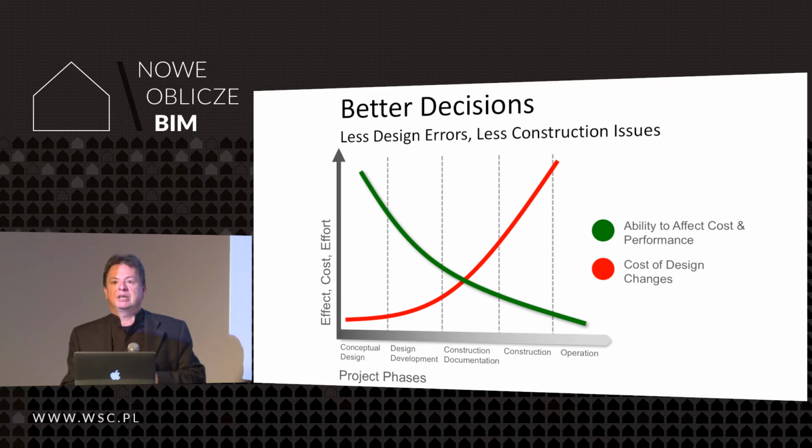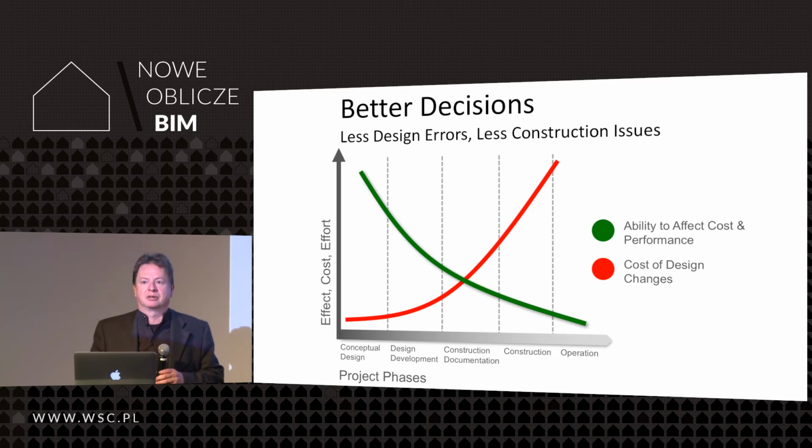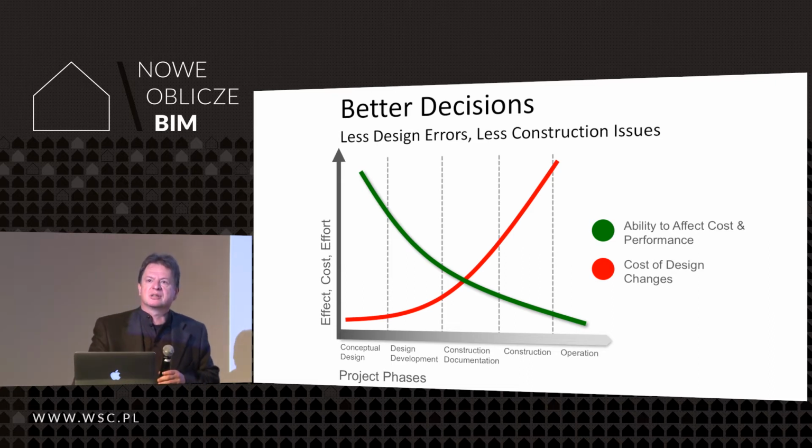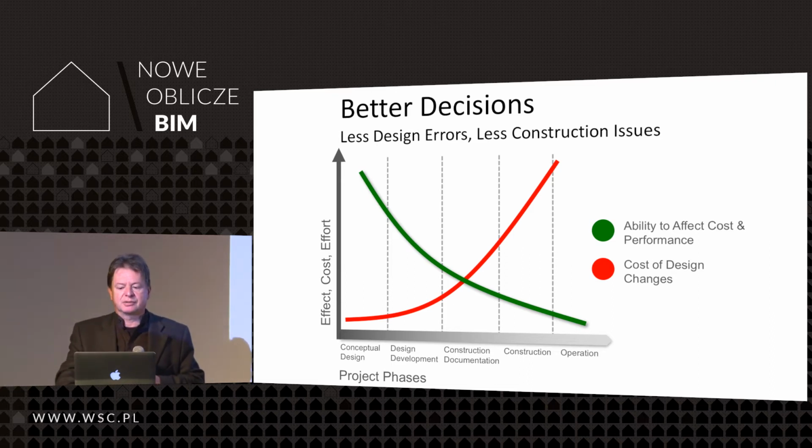And I always say if you have to make changes when the construction is on, it would cost a lot of beers for the architect, especially if you have to demolish something on the site. So these are practically the two main reasons why someone would implement BIM in his everyday practice.